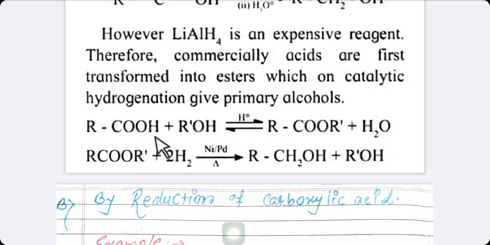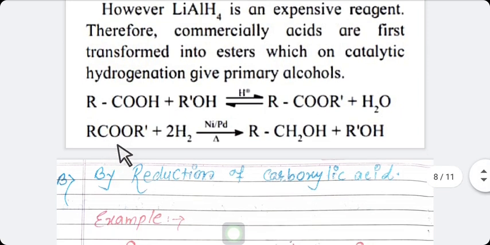Means H and OH get attached and form a water molecule, and what remains is RCOOR, means ester. This RCOOR undergoes catalytic hydrogenation, means addition of hydrogen in presence of catalyst. You can use nickel or palladium, any one of them. Catalytic hydrogenation forms alcohols.